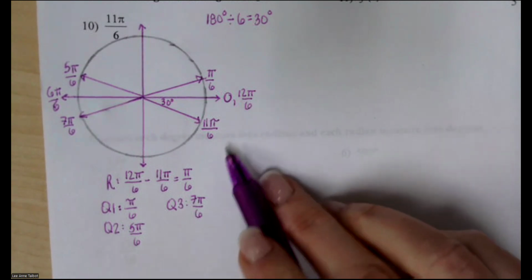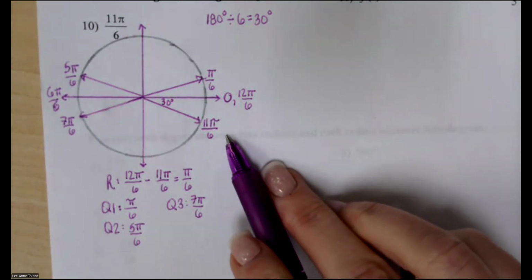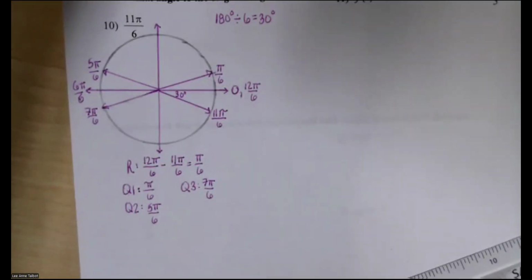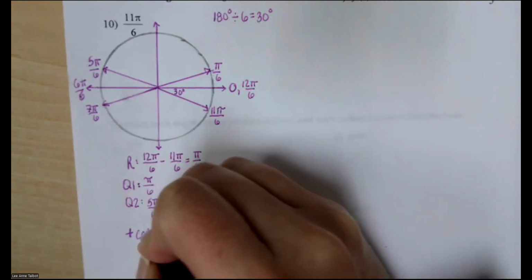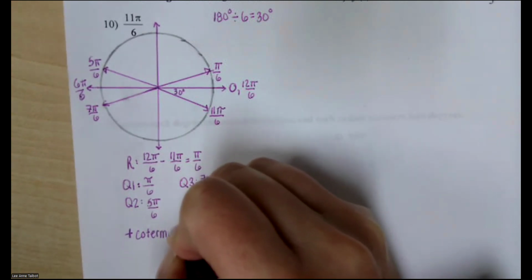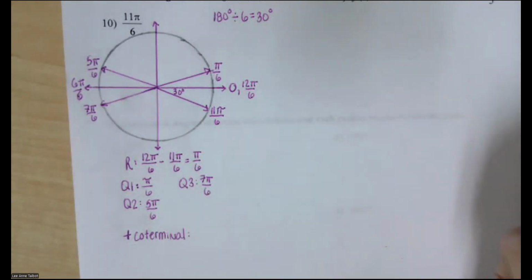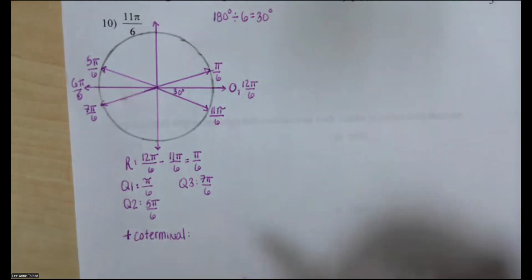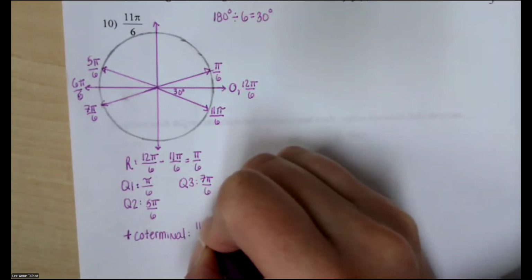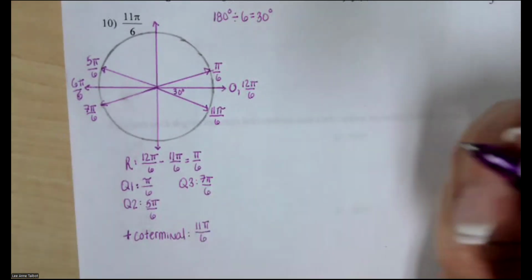I don't need to find quadrant 4 because the original one was in quadrant 4. Okay, now coterminal. I need to take my original angle and add 2 pi.